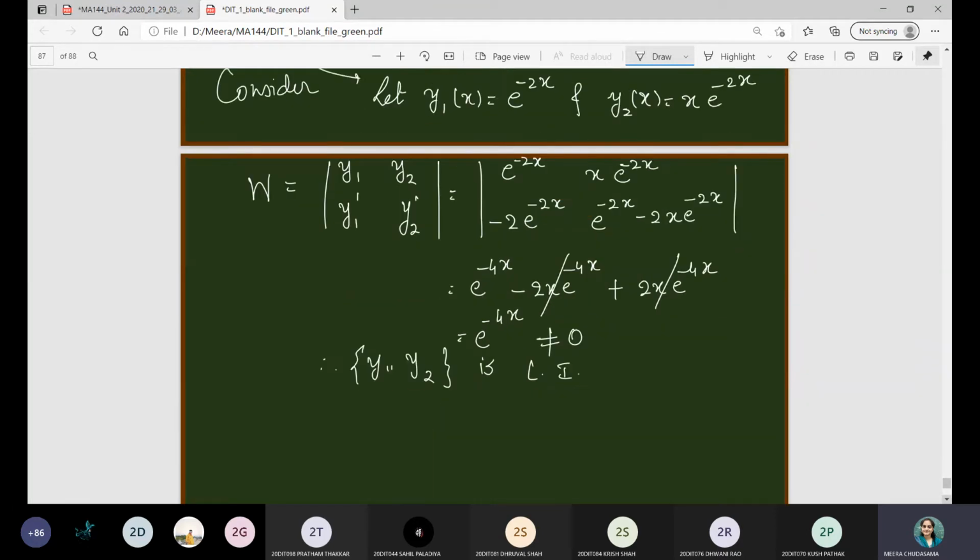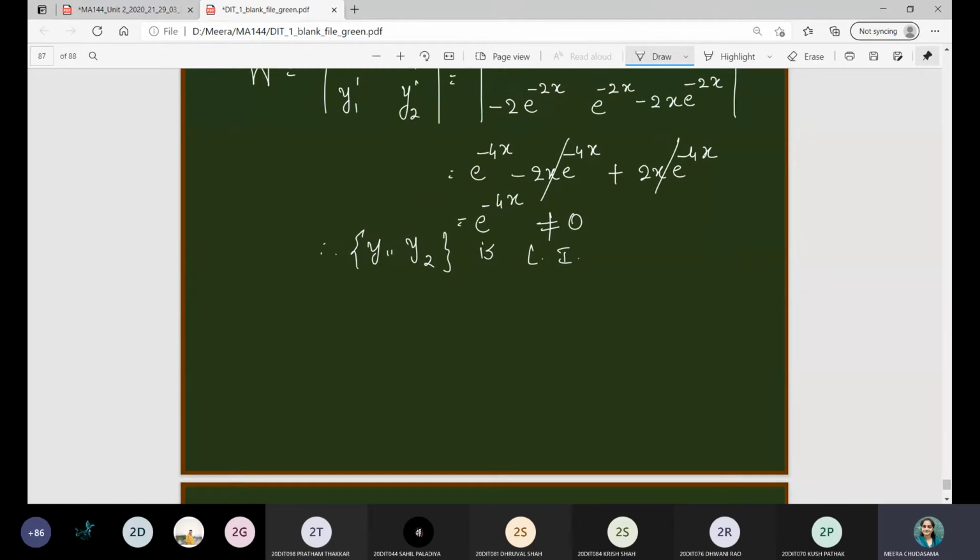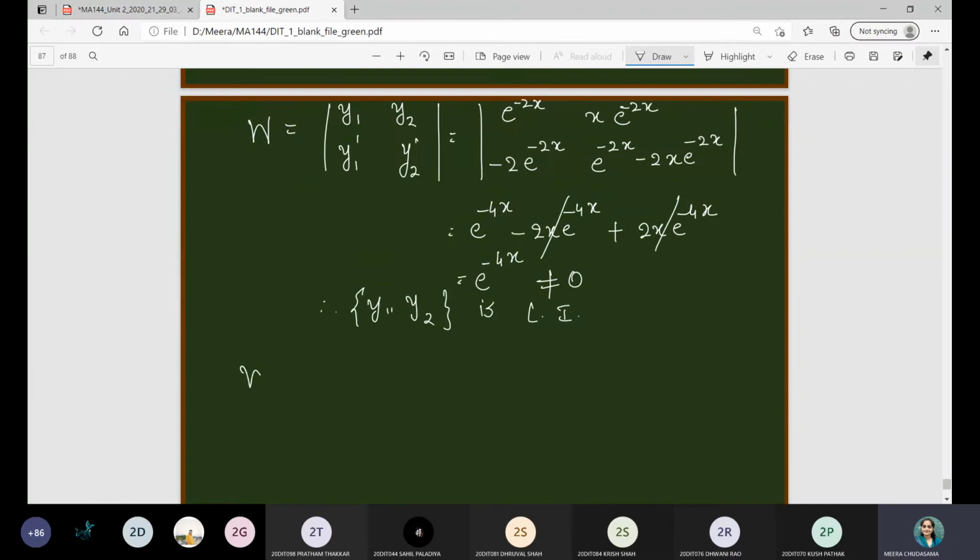After that, we have to calculate W1 and W2, right? So let me consider now W1. So now W1 is equal to, first column will be considered as 0, 1. Second column, that is same as the column of W, which is x e raised to minus 2x, and e raised to minus 2x, I can write it as 1 minus 2x. So this is 0 minus x e raised to minus 2x, right?